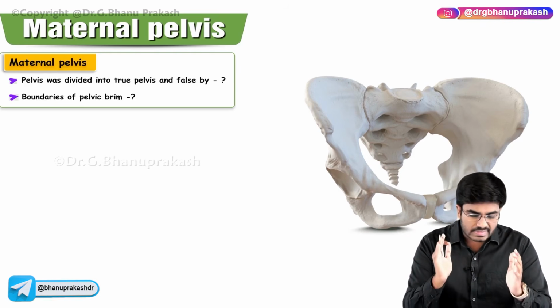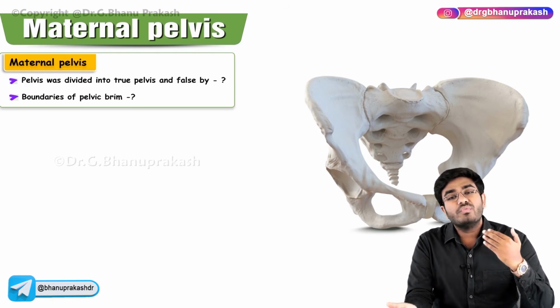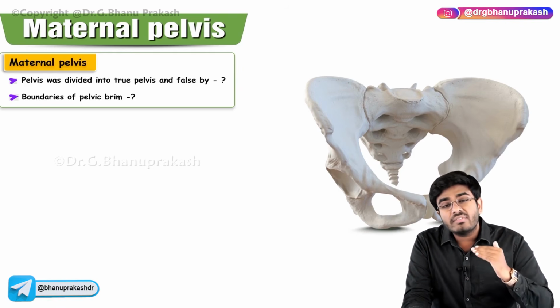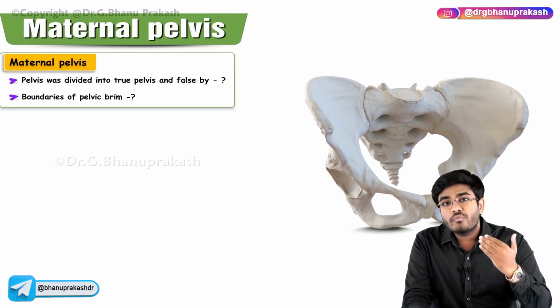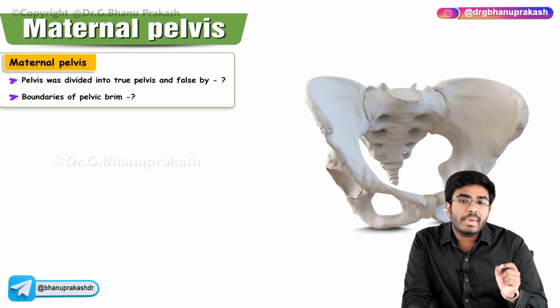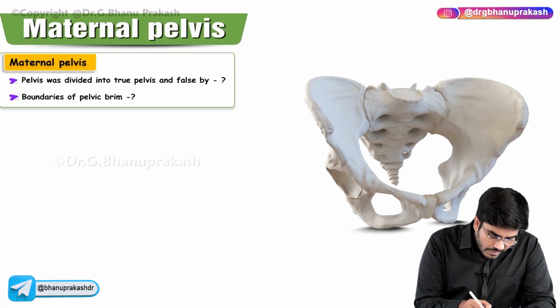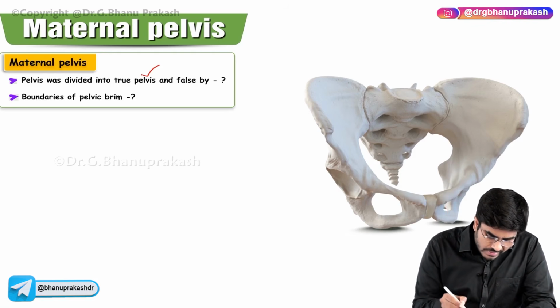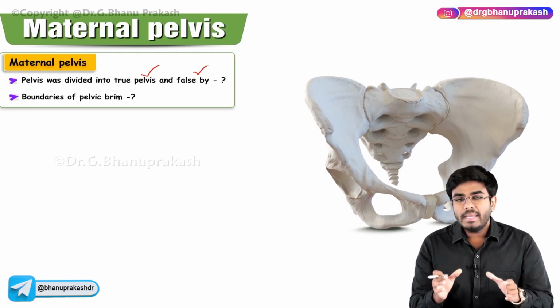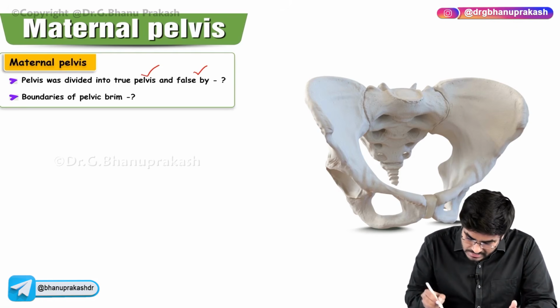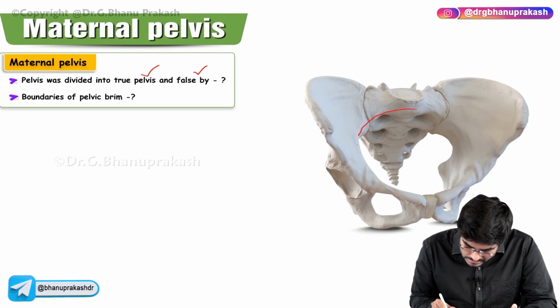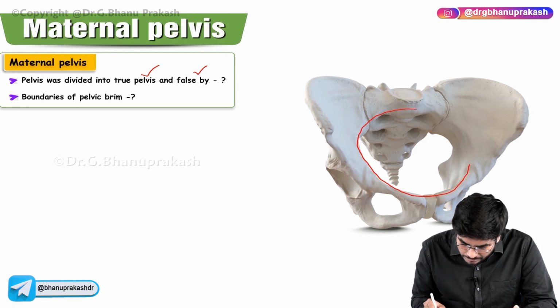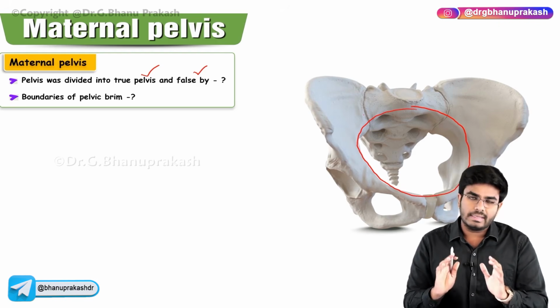So what is the demarcation point which divides the true pelvis from the false pelvis? It's the pelvic brim. So the pelvis is divided into true pelvis and false pelvis by the pelvic brim. If you see here, this is what is known as the pelvic brim, also known as the pelvic inlet.